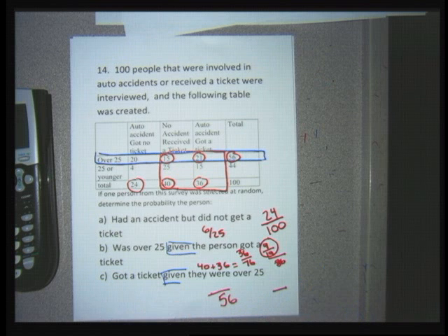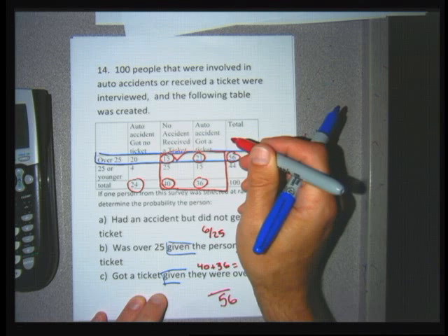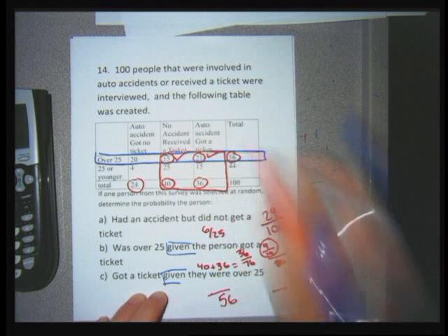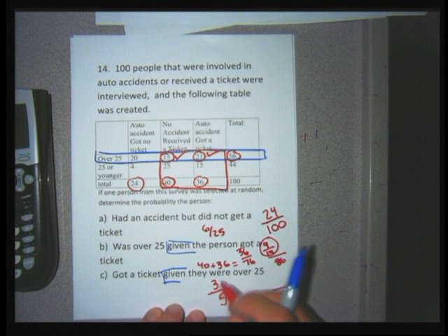The numerator is going to be the number of people in that row that got a ticket, and it's the same 15 here that were over 25 without an accident that got a ticket, and the 21 that were over 25 that got in an accident and got a ticket. That's going to be the same 36.